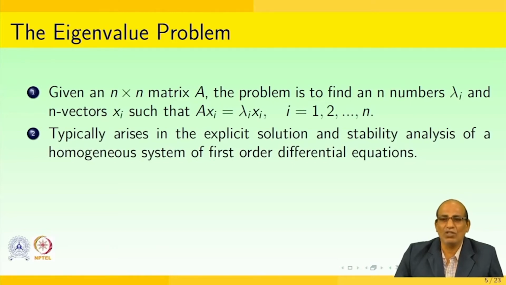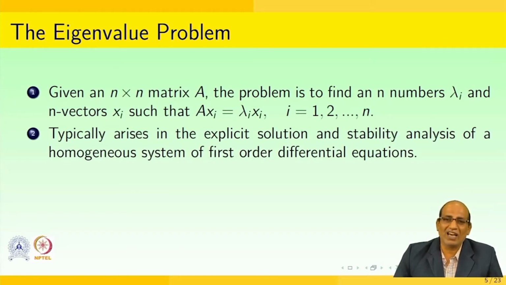Here the matrix A is the coefficient matrix, xi are the unknowns and lambda i are the scalars. If you are able to find the solution, A xi minus lambda i xi will be 0, then you can find the eigenvalues and associated eigenvectors.